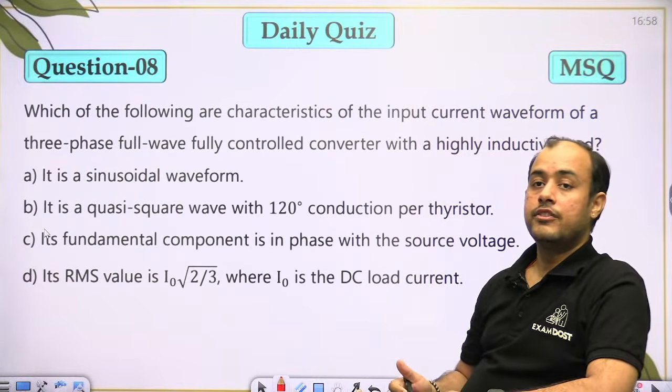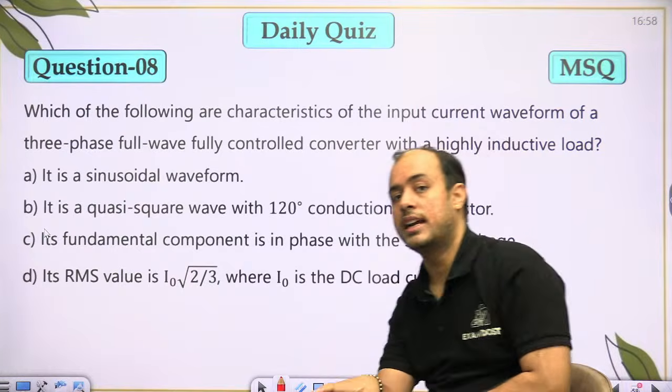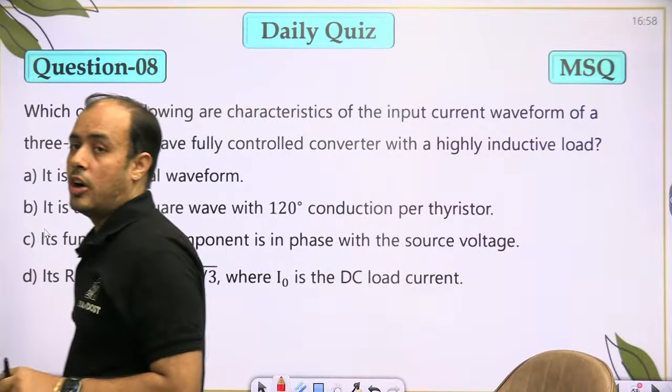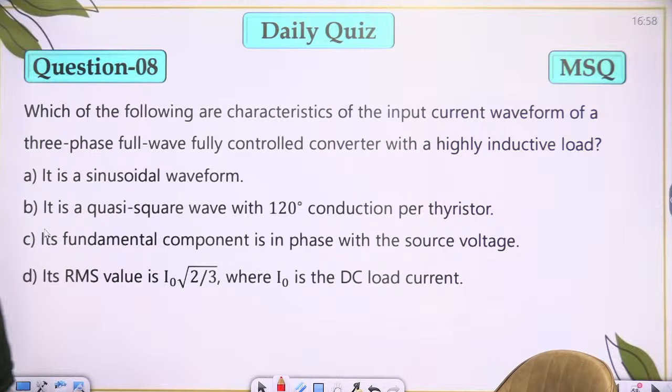चलिए next. Which are the characteristic of the input current waveform of a three-phase fully controlled converter with a highly inductive load? Highly inductive load के लिए बताइए.